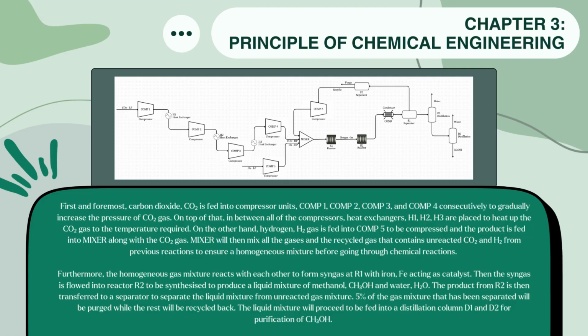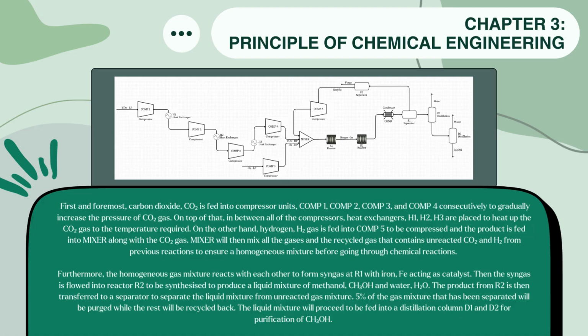The homogeneous mixture will then react to form syngas at the reactor labeled as R1 with iron acting as its catalyst. Then the syngas will flow into the second reactor labeled as R2 to undergo synthesis and produce a liquid mixture of methanol and water.